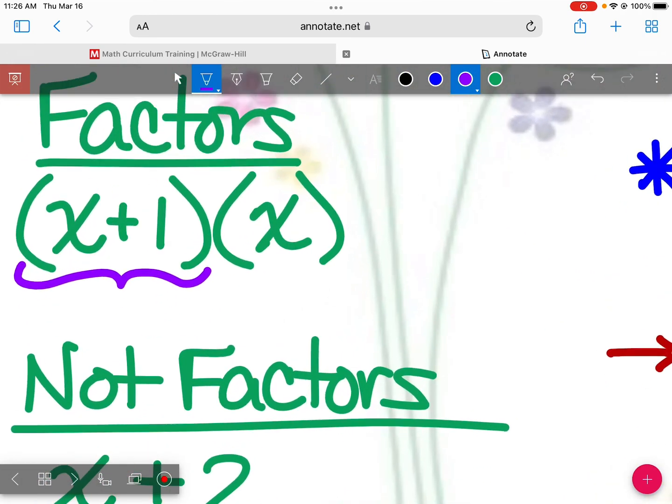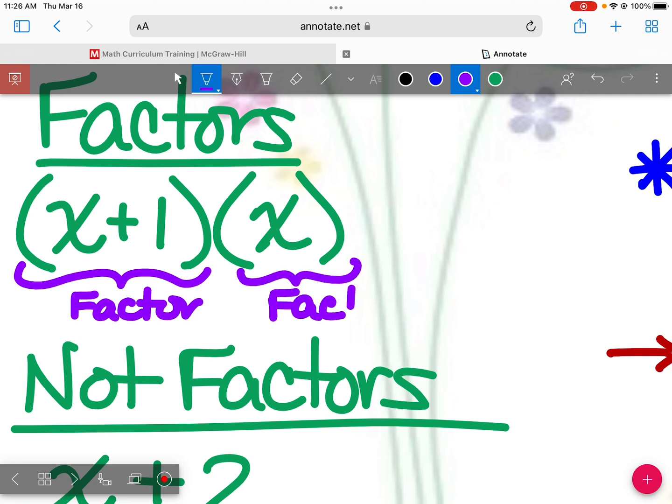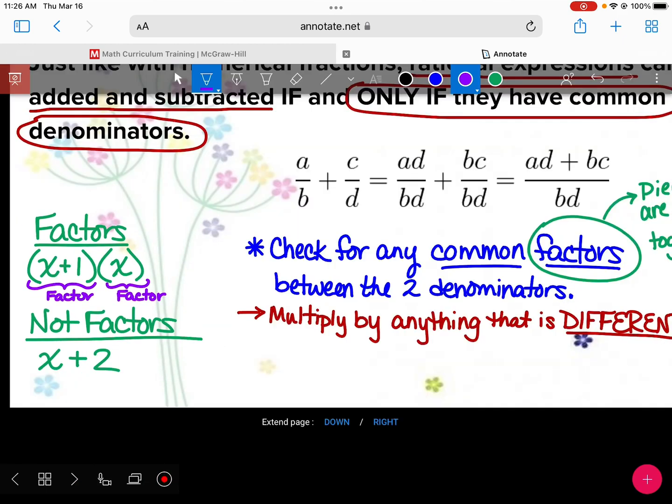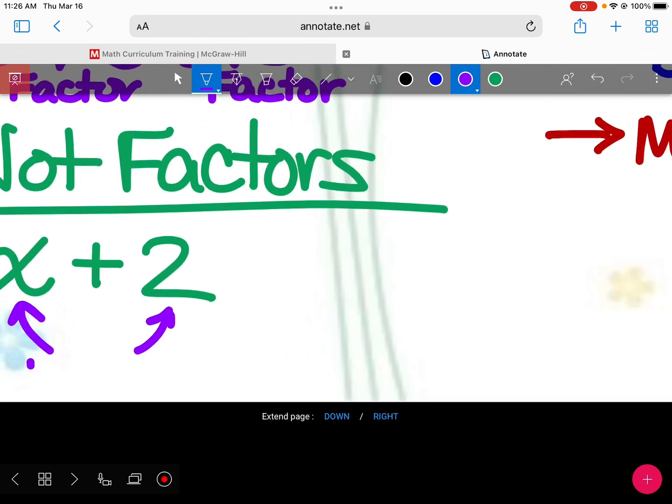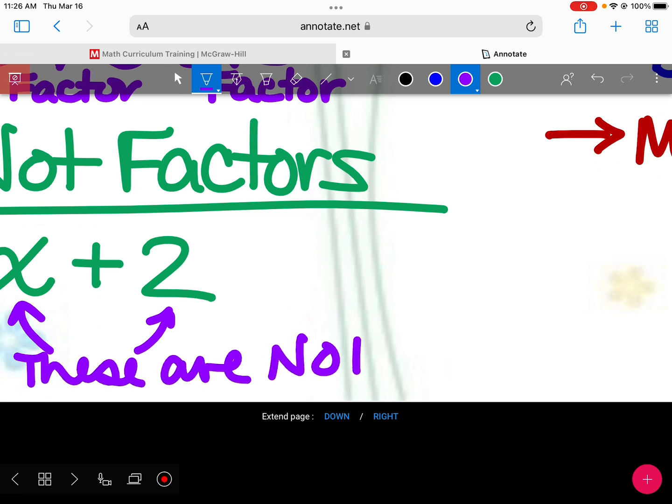This whole thing is one factor, and this is a factor, because those are the parts that are being multiplied together. This all by itself, these are not factors by themselves, because they are not being multiplied together.